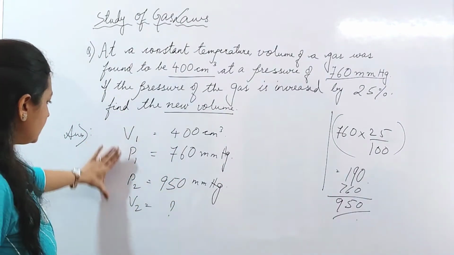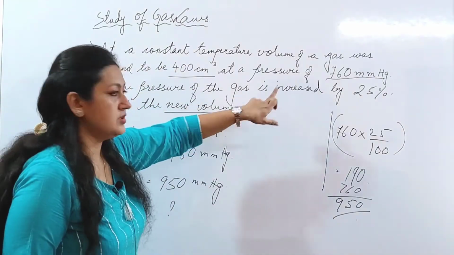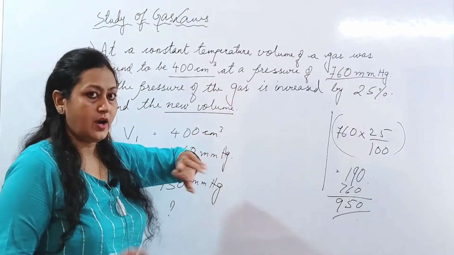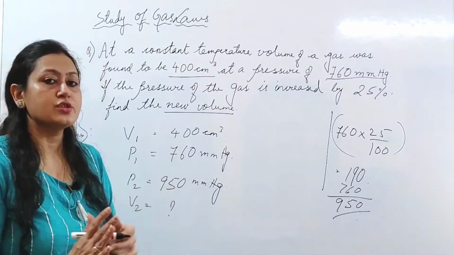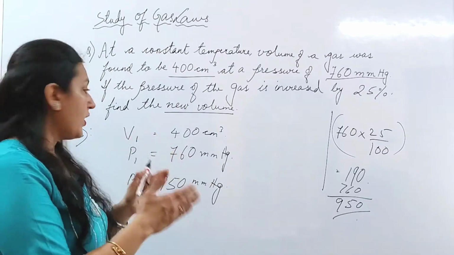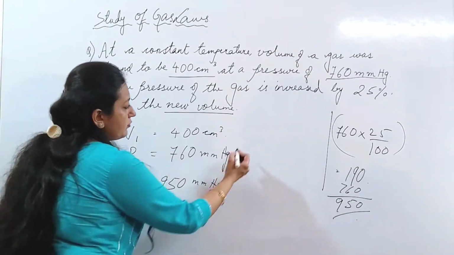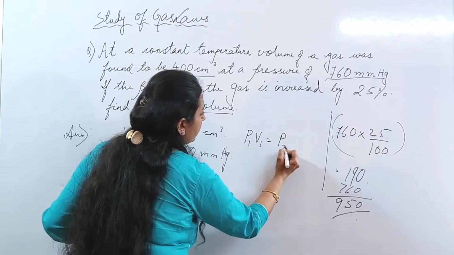Fine. So this is clearly Boyle's law, where pressure and volume are given and the temperature is constant. So the relationship is between pressure and volume. What is the formula of Boyle's law? It is P1 V1 is equal to P2 V2.